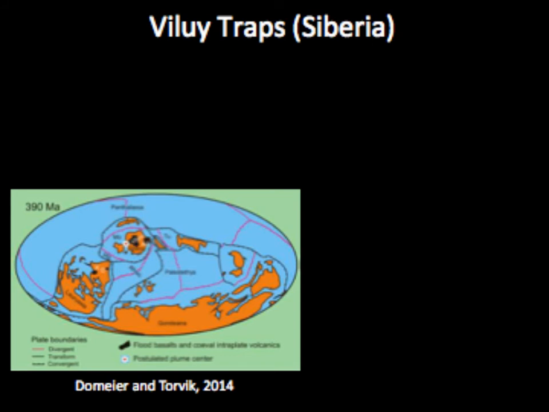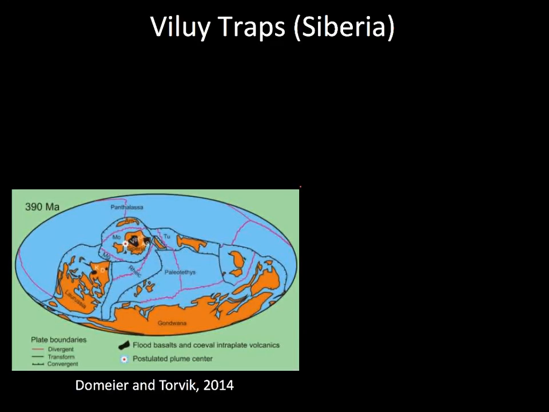But just like we've seen with more recent mass extinctions, volcanism also comes up as a competing theory here. If you did volcanism research for the late Devonian, you most certainly encountered the Viluy Traps, which are a supervolcanic system that there's evidence for in what is now Siberia.